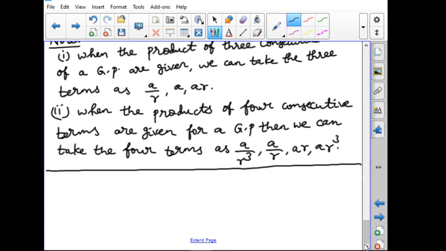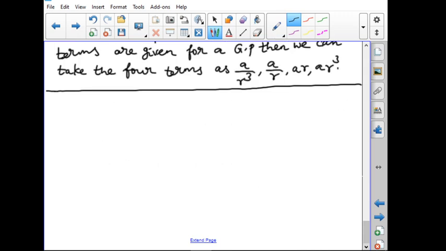So first we are going to assume the three terms. They are not given, so you have to assume.